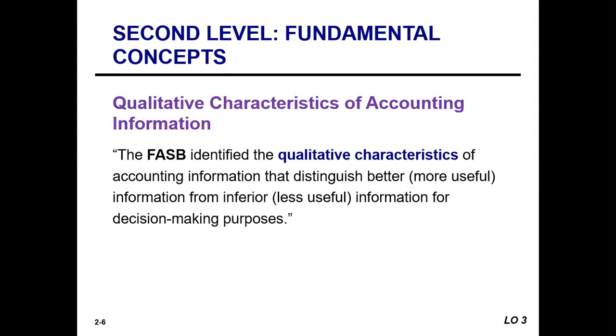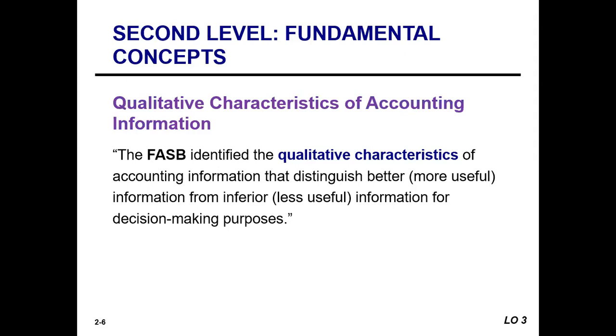Qualitative, on the other hand, as it shows here, qualitative characteristics of accounting information is information that distinguishes more useful information from inferior or less useful information for decision-making purposes.